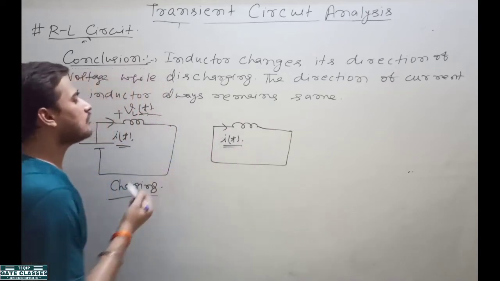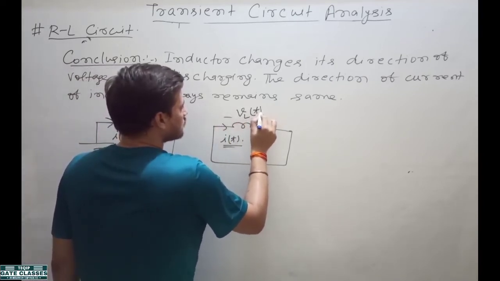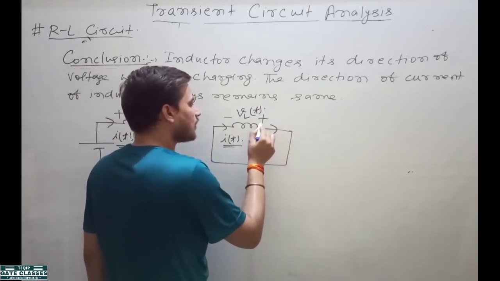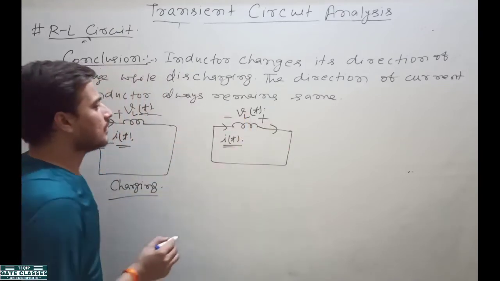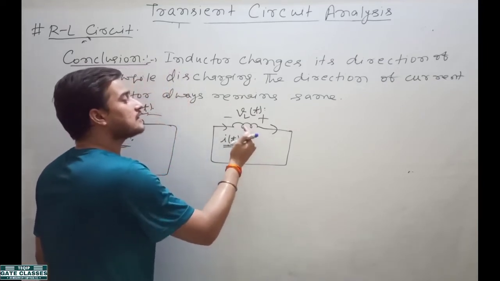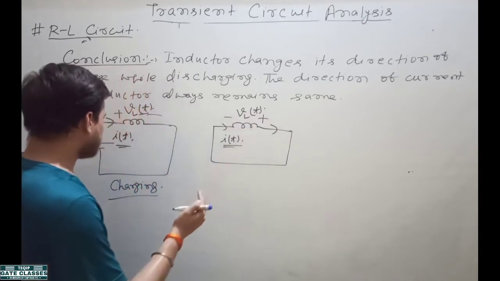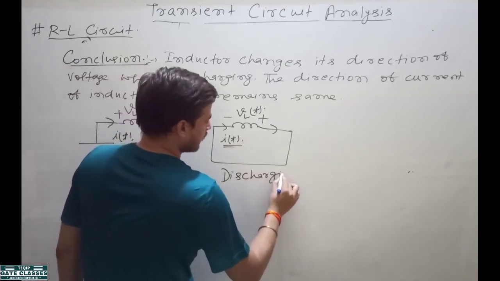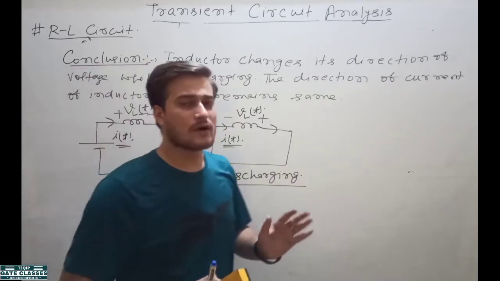So current will be the same, but the voltage will be reversed. Reverse voltage means current is coming out through the positive terminal, which means it is delivering power. It is releasing power. That means it is discharging. Clear?